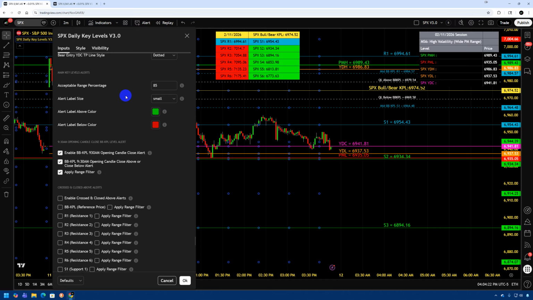You may find that you get better results limiting it to a smaller percentage. Every trader has a different process, different levels that they're trading, different strategies, different ways of conducting even the same strategy. So it's best through trial and practice to decide what is the best percentage for your trading purposes.